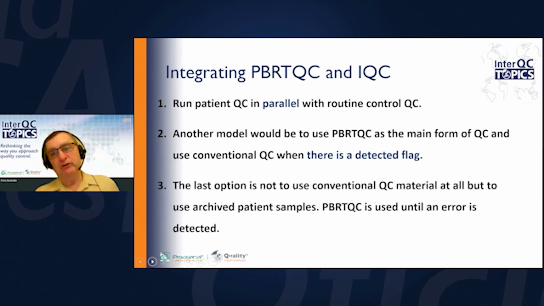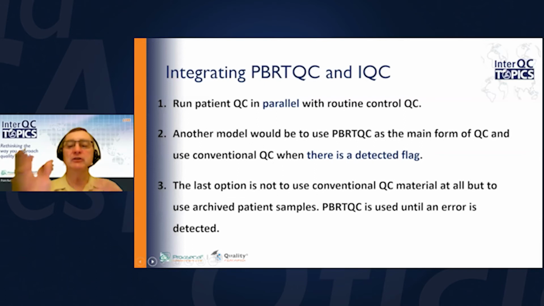And the last option, which is where I think eventually laboratories will end up, is to not use conventional QC at all, where you just do everything based on patient-based real-time QC. And if patient-based real-time QC flags that you're out of control, what you will then do is go back to previous patients earlier in the day, or patients that might be stored, and use those samples to troubleshoot and to see where the problem was and whether you have solved it.